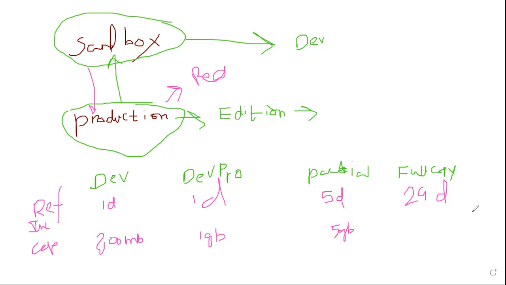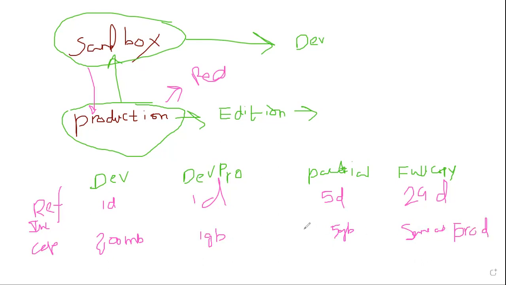And coming to the Full Copy sandbox, same as production. We purchase a license, right? Let's suppose you purchased Unlimited Edition, then whatever storage is available in production, the same capacity will be replicated in the Full Copy sandbox.